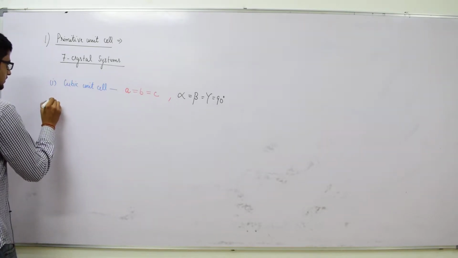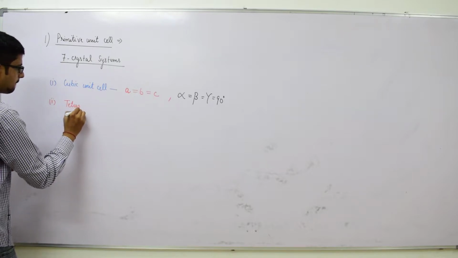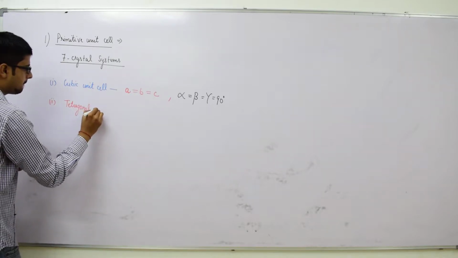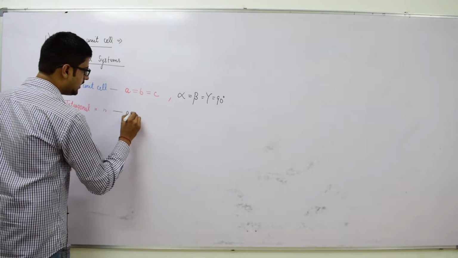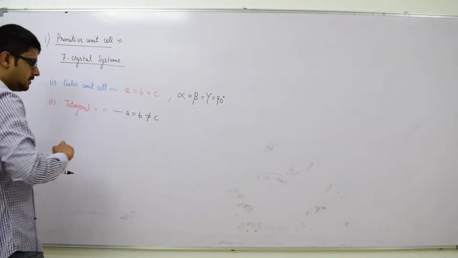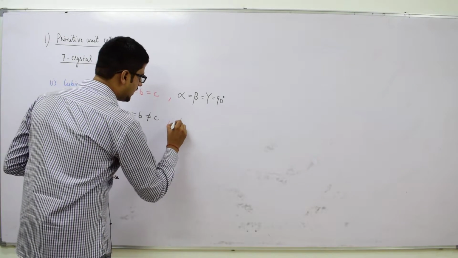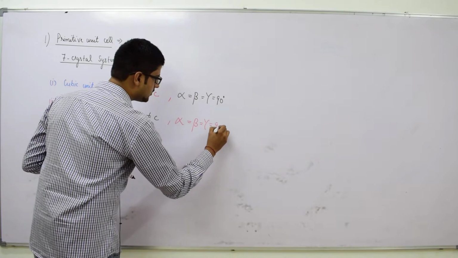Now, the second one, that is tetragonal unit cell. This is A is equal to B, which is not equal to C, but alpha is equal to beta is equal to gamma is equal to 90 degree.